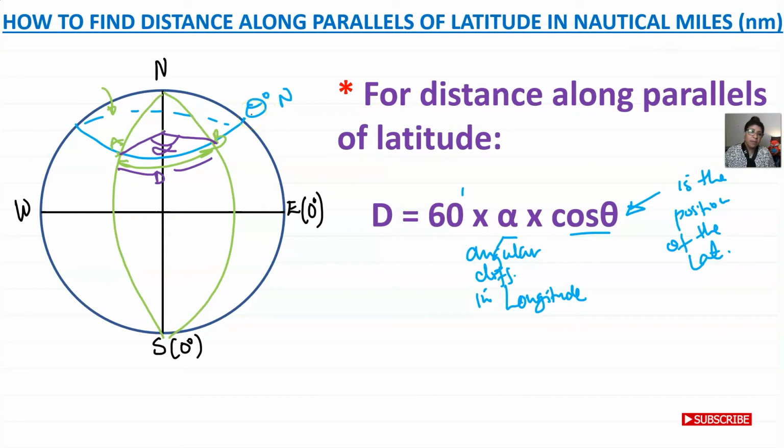What you need to remember is that the angle in the cos theta is the position of the latitude. The alpha is the angle of the sector. So you just need to understand how to use this formula.